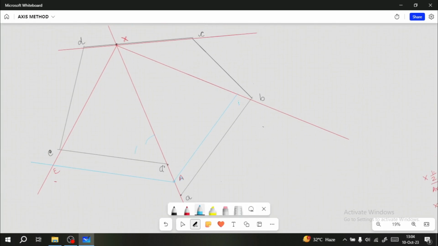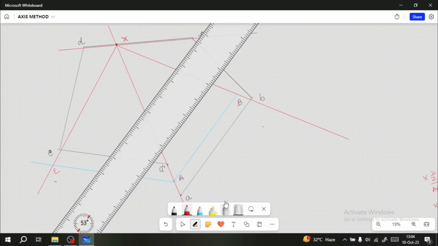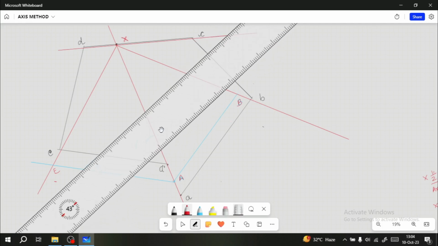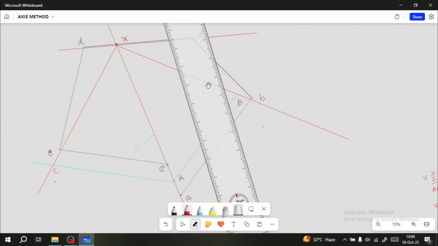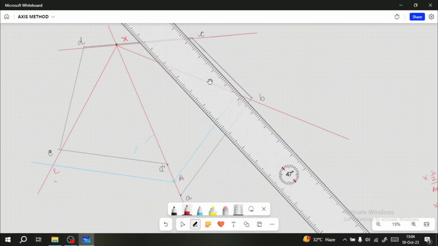This is our B point. Similarly, we will draw a line from B parallel to CD.